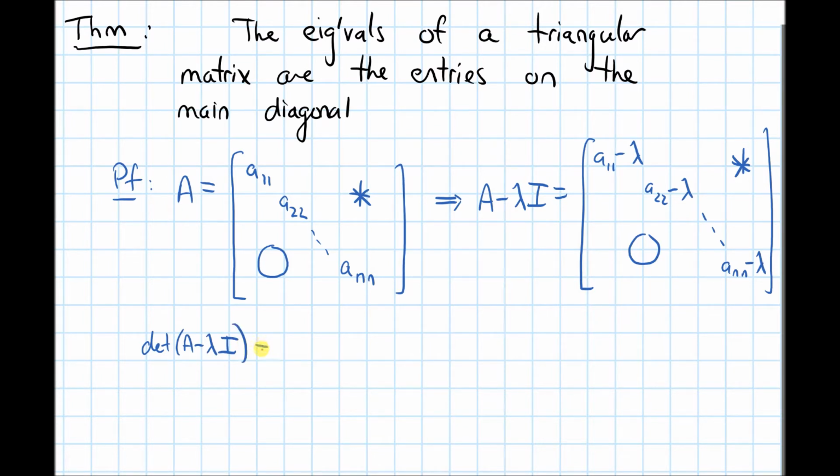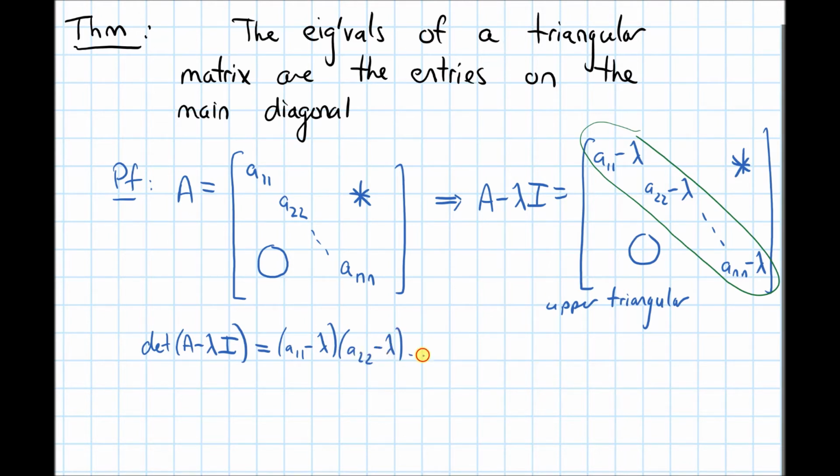Now let's compute the determinant, set it equal to 0, and solve our characteristic equation. This matrix is upper triangular, and we had a key result about the determinant of a triangular matrix: it's just the product of all the diagonal entries. So we get A11 minus lambda times A22 minus lambda, up until the last one, ANN minus lambda.